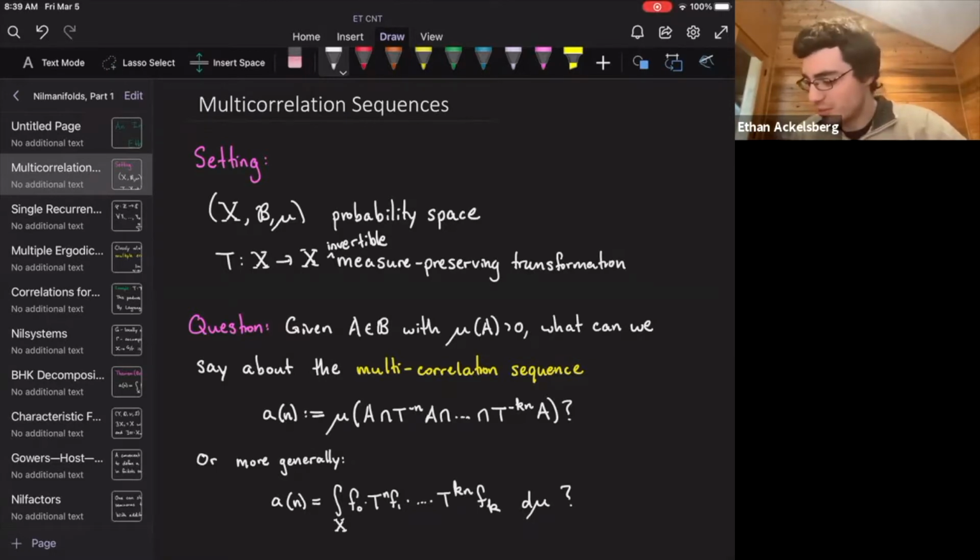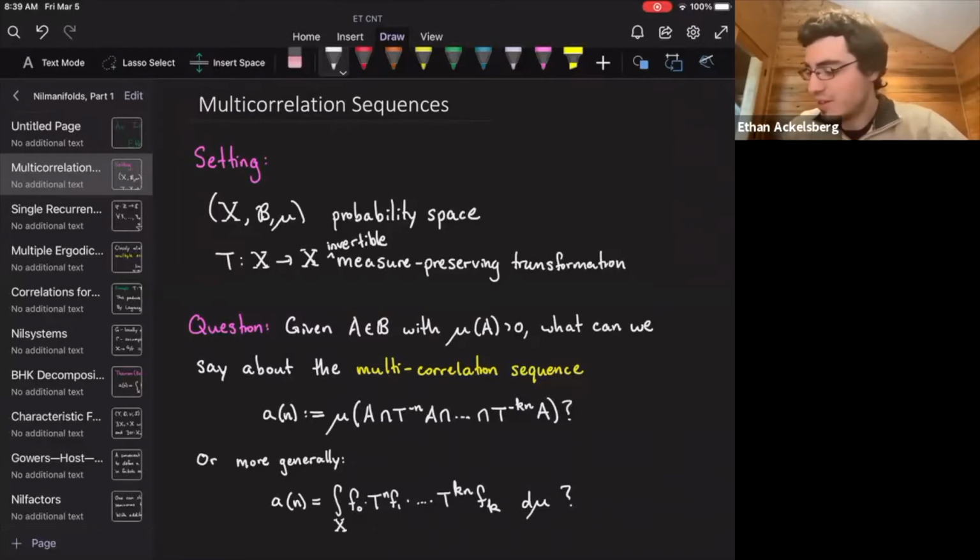And I've written a more general form of these sequences below. We could also, instead of just looking at some set A, it's often helpful to make this into a multilinear expression. So we take k different functions and then understand how these sequences behave.